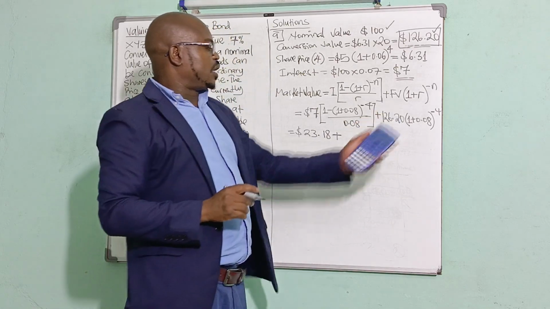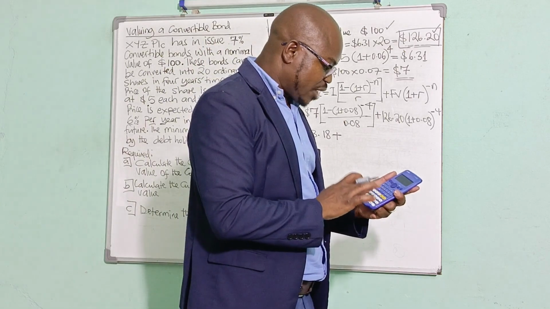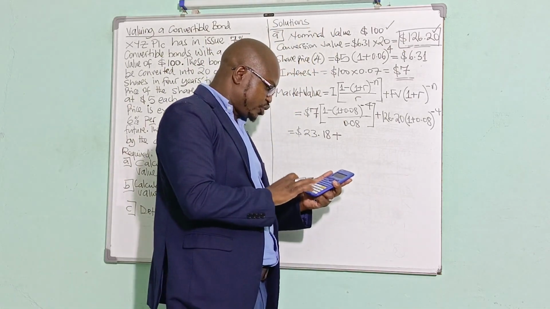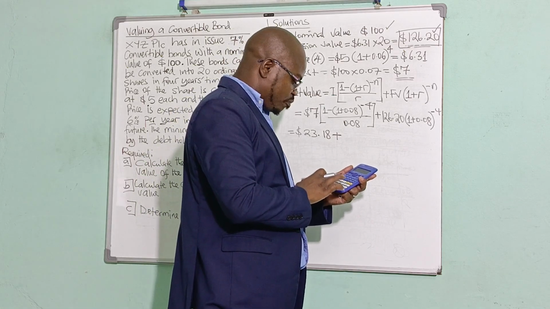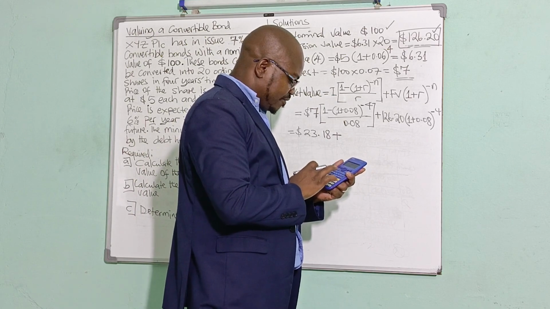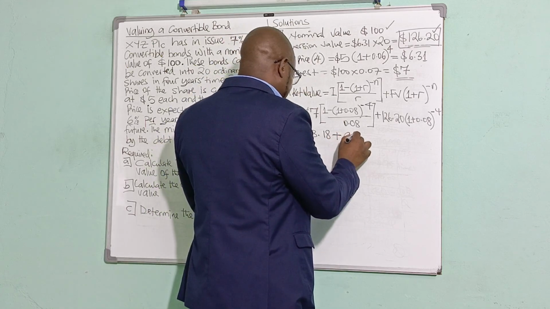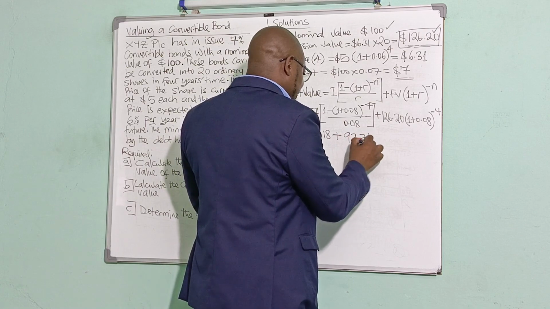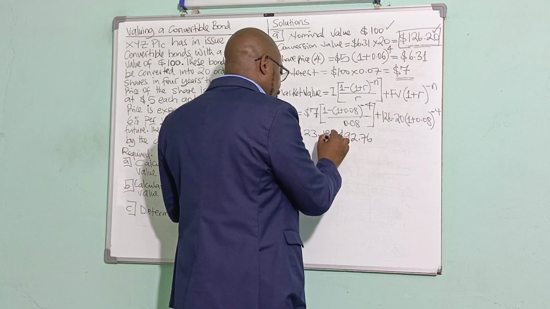All right. Where we are saying this one, I can do it straight away on the calculator without pausing. I will simply say 126.20, open brackets, 1 plus 0.08, close brackets, raised to the power negative 4. And then I'll have something like 92.76 to 2 decimal places. There we go.